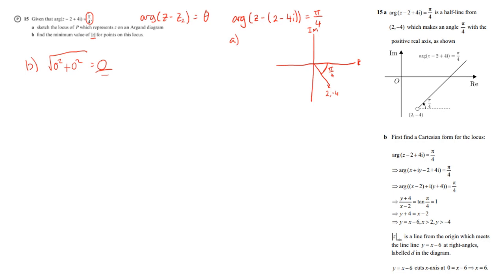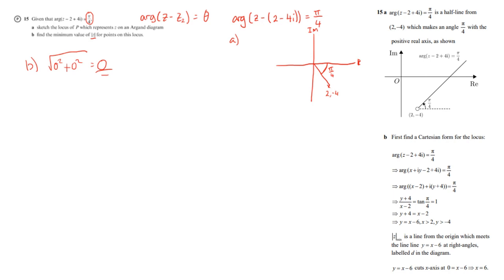This next one, when it said sketch the locus of P, that was fine. And then when it said find the minimum value of modulus z for points on this locus. So a half line has a point, so we've got this point here. I got that fine, but I forgot that it doesn't have to always come from the origin.